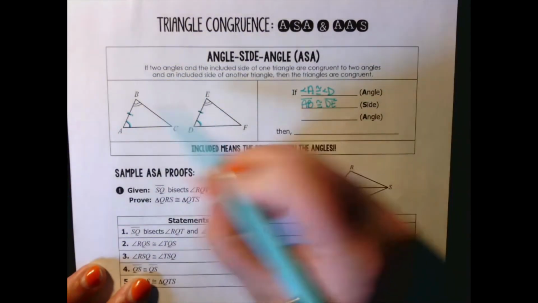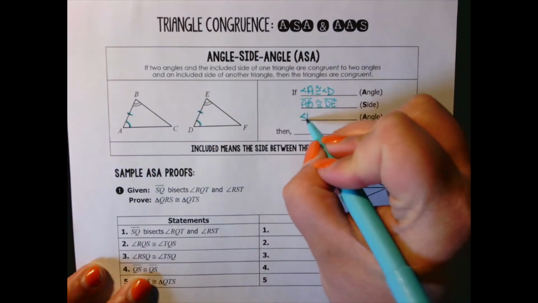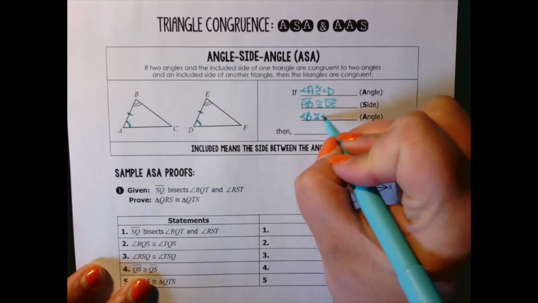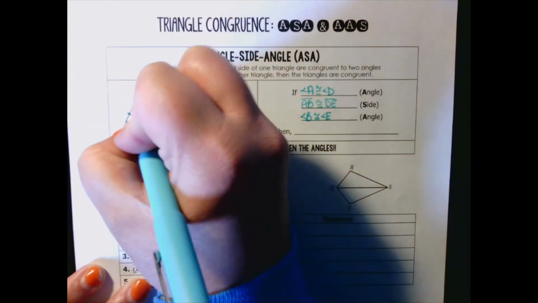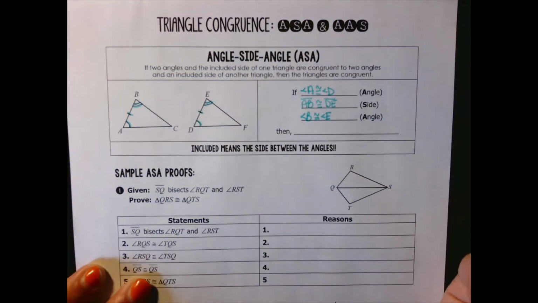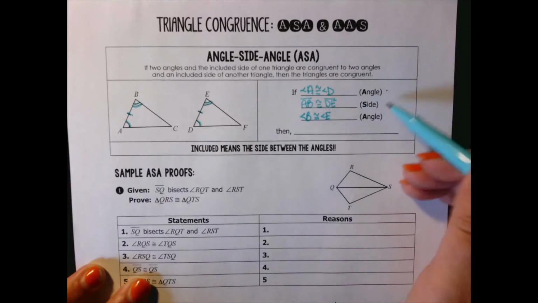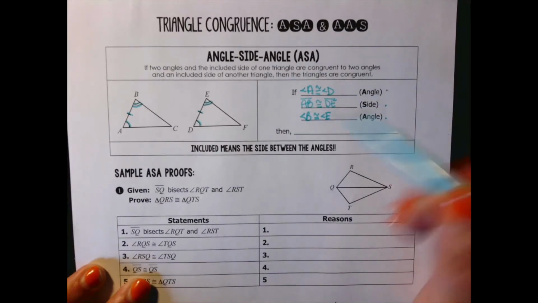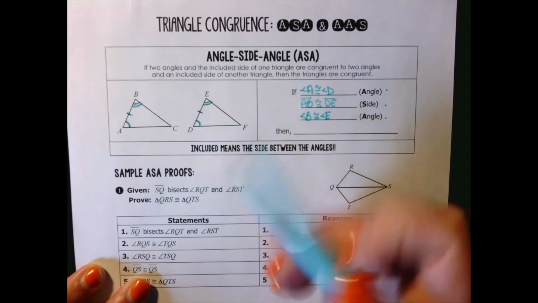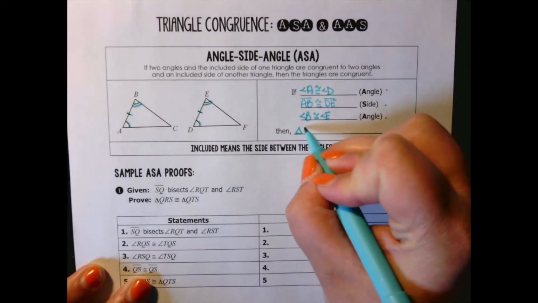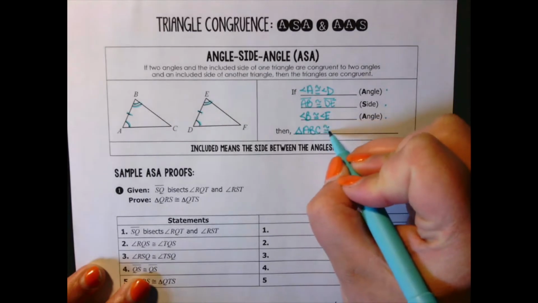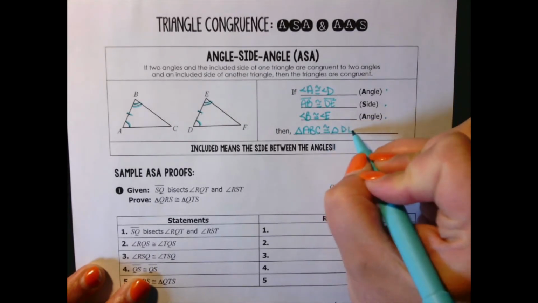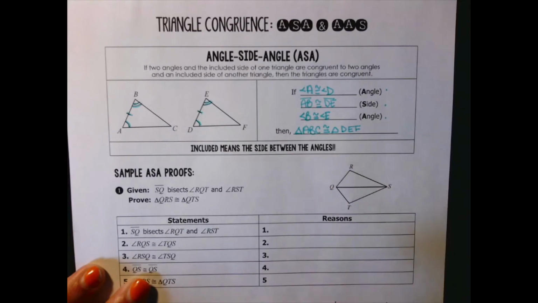And then that second angle, so we have angle B is congruent to angle E. These two here. So if we have that angle, side, angle, with that side being in between those two angles, then we know triangle ABC is congruent to triangle DEF.